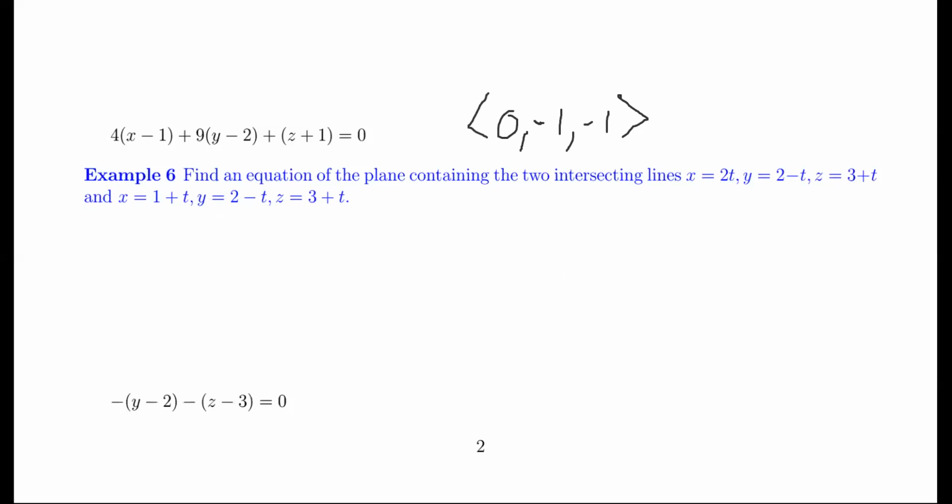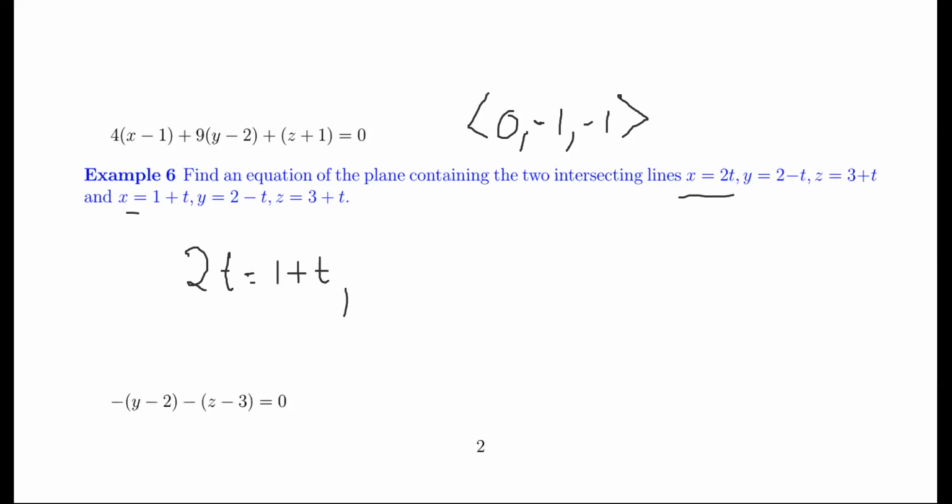Now we just need to find a point in the plane. So how do we do that? Well, we need a point that is in both of these lines. That means we want x to equal x. So we need 2t to equal 1 plus t.